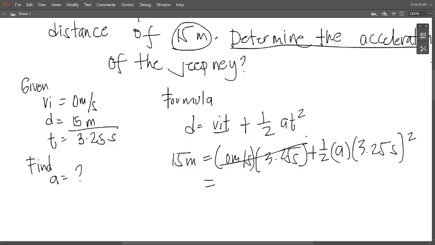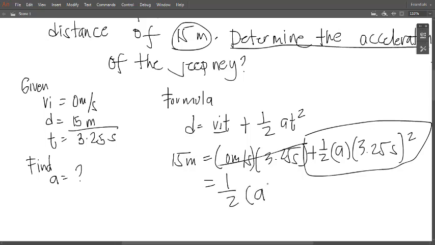What is left is 1/2, acceleration and time squared.